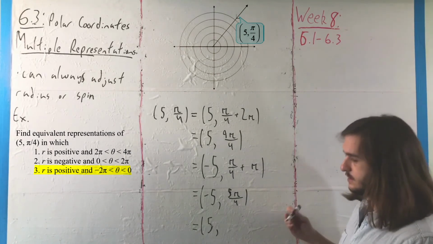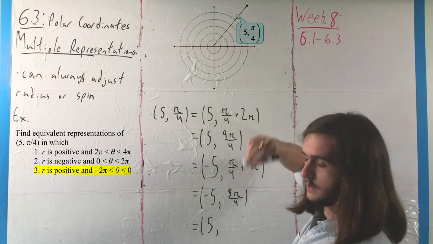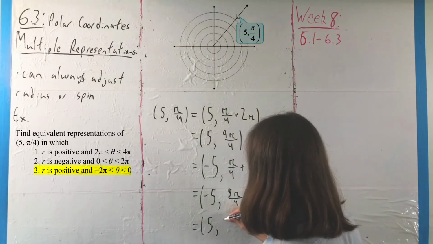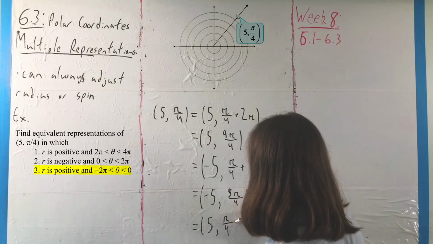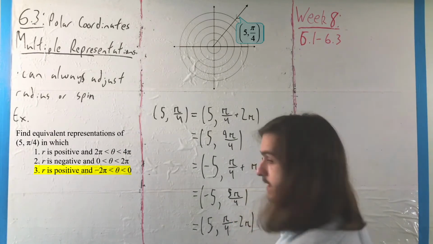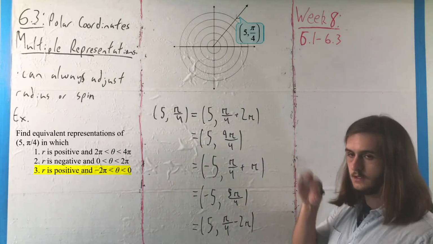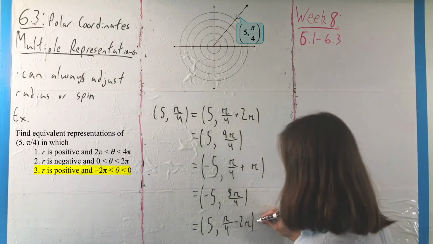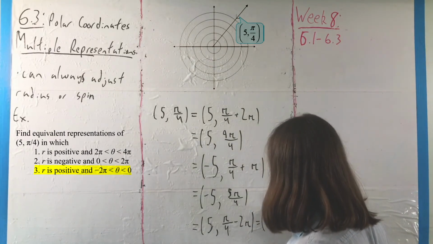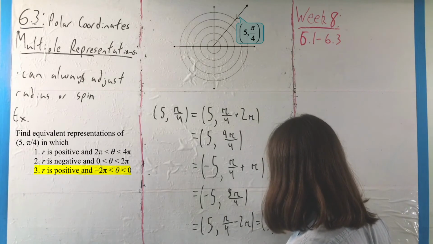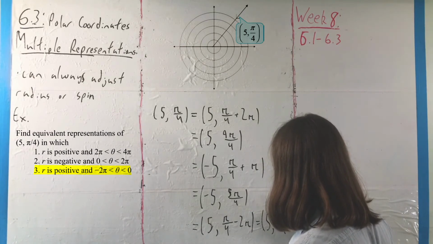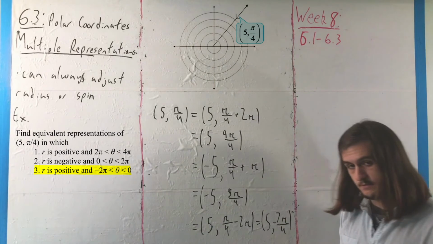So we take that rotation, but then come around from the bottom, where we would have pi over 4 minus 2 pi for that, because we're going in reverse, and end up at 5, negative 7 pi over 4.